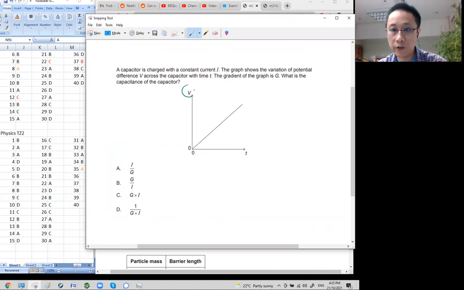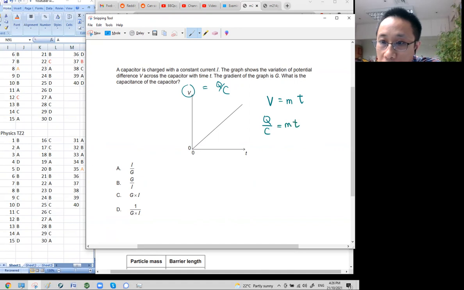Wow. Just V equals Q over C. So here, you've got V equal to a constant times time. Why don't I just use M for gradient, maybe? Q over C equal to M times time.